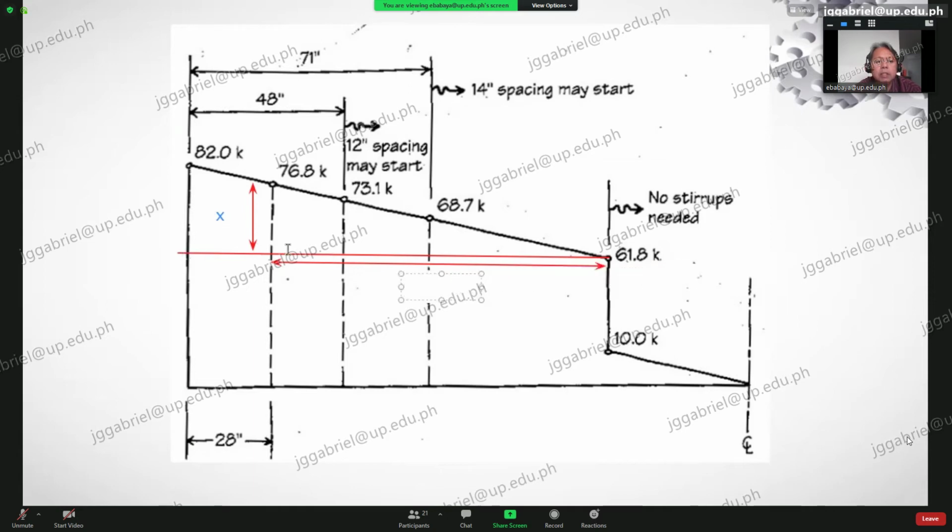How much is this? The whole span is 108 minus 28. How much is that? 80, right? 80. So the ratio and proportion will be, previously, how much did we get this? 20.2, right?